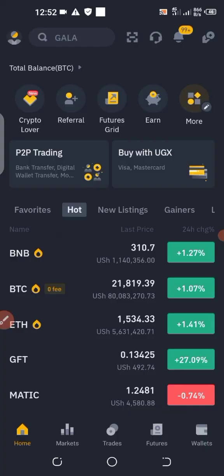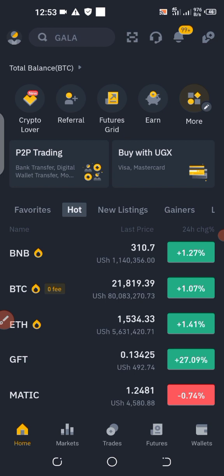What is P2P trading? P2P trading is a form of trading where individuals or traders on the exchange engage themselves directly, individually, and they do a transaction on the exchange.